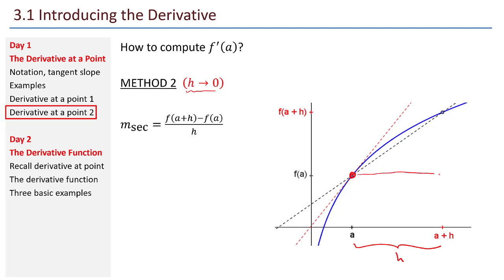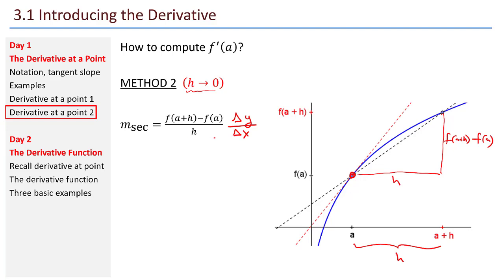Now what is the slope of the secant line? My change in x is pretty easy: the change in x is simply h. And the change in y is f of a plus h minus f of a. So that's the expression on the left, change in y over change in x, the slope of the secant line.